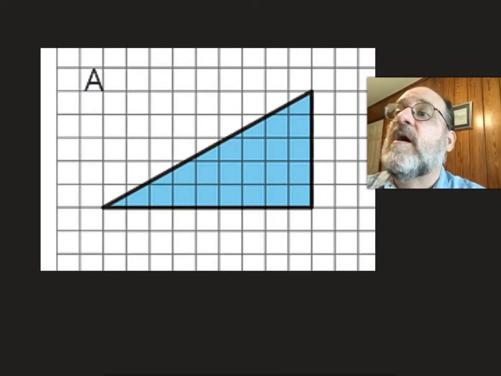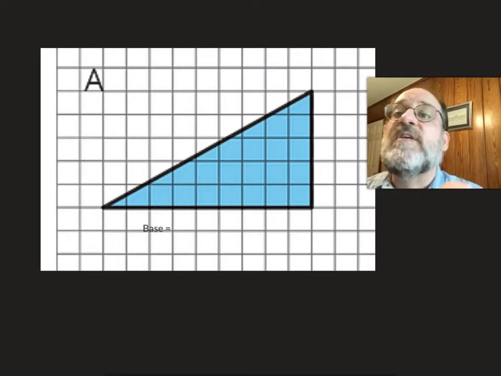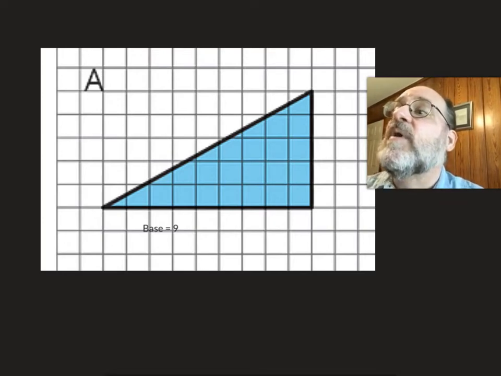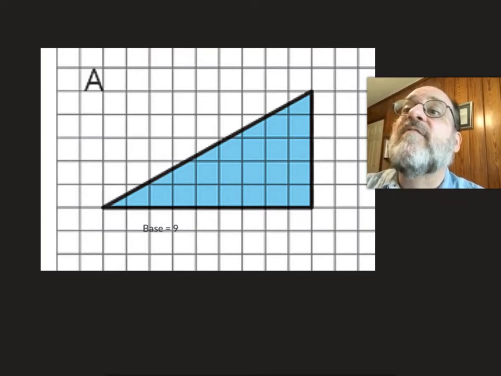So if I do some writing here, I've got to talk about my base and how many squares that is. If you do a count, 1, 2, 3, 4, 5, 6, 7, 8, 9. Base equals 9. And I can do the same thing on the side and do a count, and I get 5.